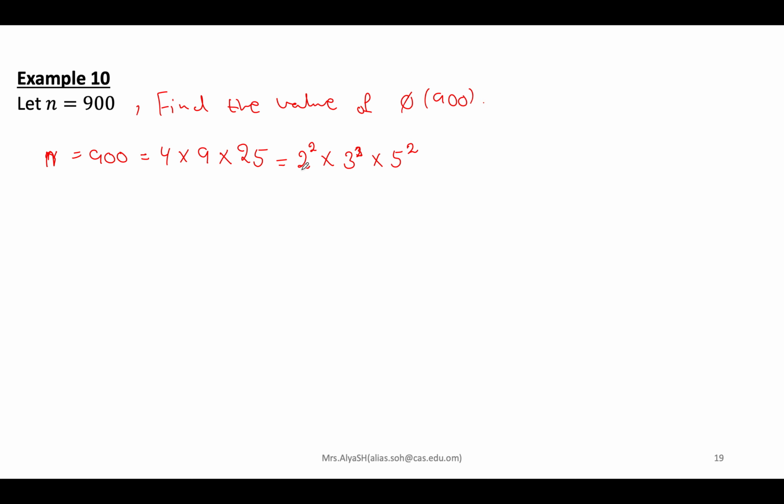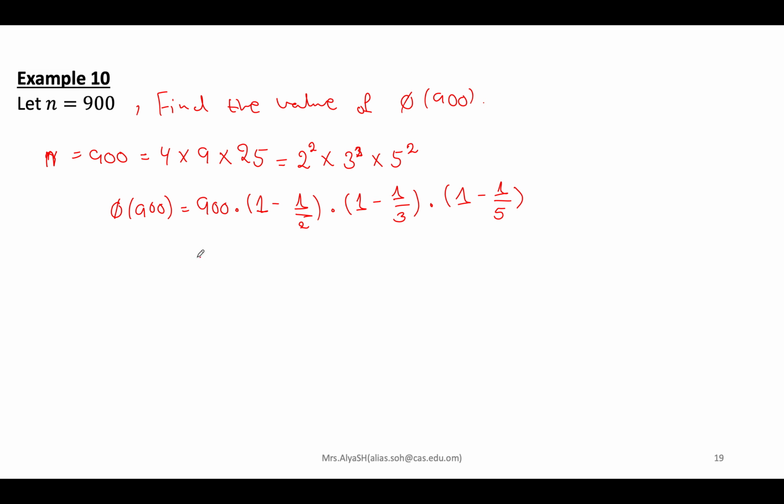Okay, now let's apply the formula we got, where phi of 900 equals 900 times (1 minus 1 over 2) times (1 minus 1 over 3) times (1 minus 1 over 5).